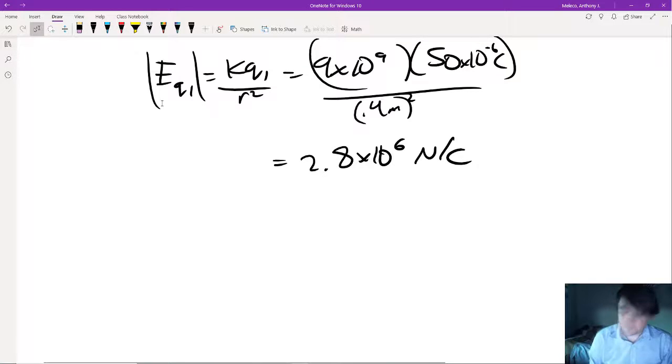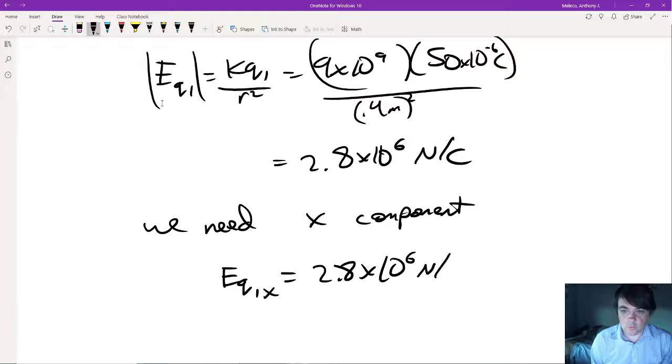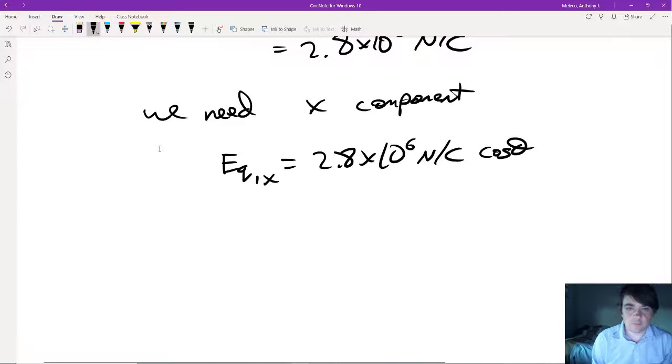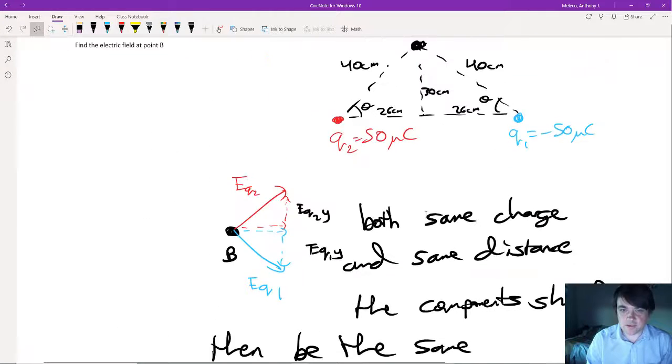Okay, so we need the x component. EQ1x equals 2.8 times 10 to the 6 N/C times cosine of theta. But we don't have theta.